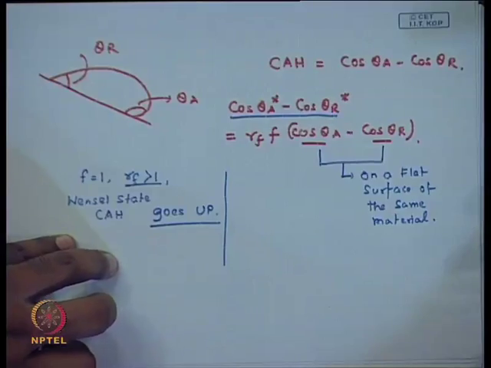For any general liquid, if the equilibrium contact angle on a flat surface is higher than 90 degree, then on a structured surface, even in a Wenzel regime, the equilibrium contact angle goes up. In contrast, in the Wenzel regime, if the equilibrium contact angle is lower than 90 degree, then it actually favors spreading. Irrespective of whether your initial equilibrium contact angle was higher or lower than 90 degree, we see that in the Wenzel regime your contact angle hysteresis always goes up.